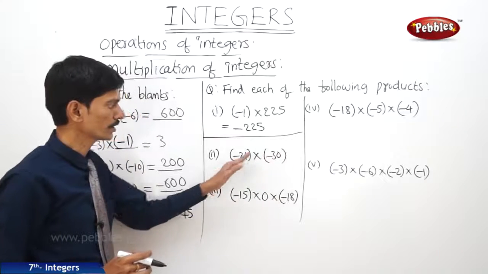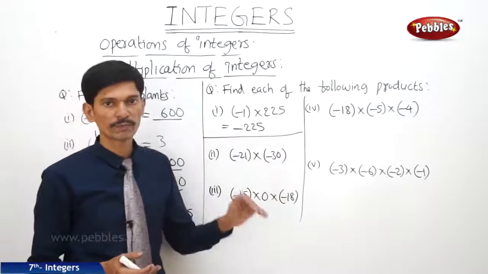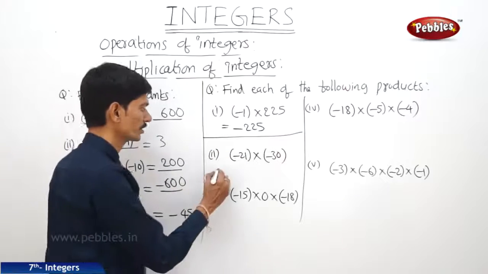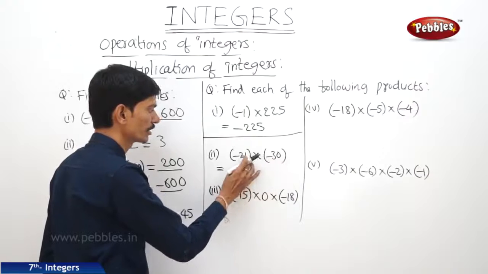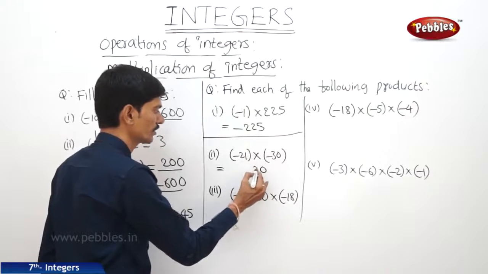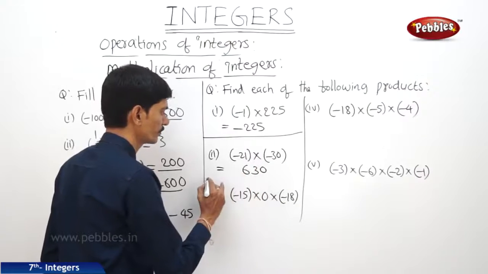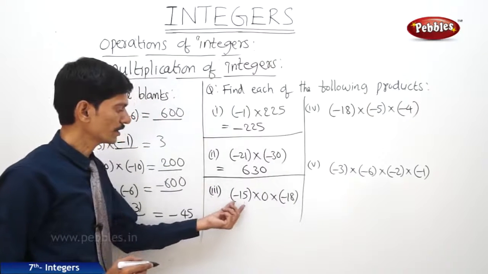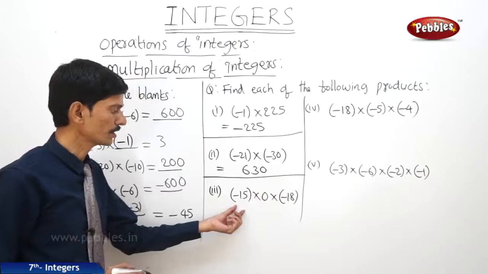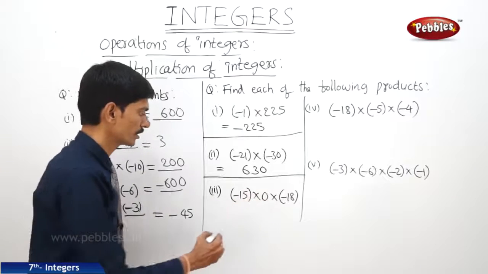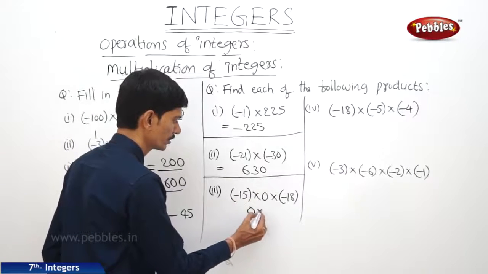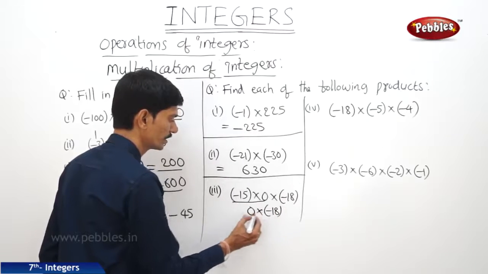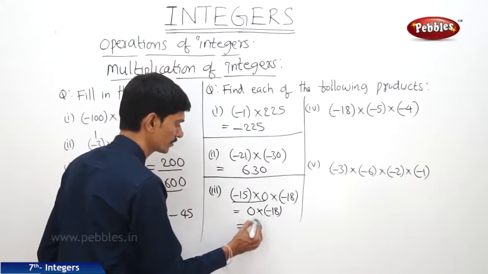Here two negative integers are multiplied, and the product is always a positive integer. 30 into 21: 0, 3 ones are 3 and 3 twos are 6. So this is the positive integer 630. And when you multiply any integer, positive or negative, with 0, we get the product 0. So 0 into minus 18 is again 0.